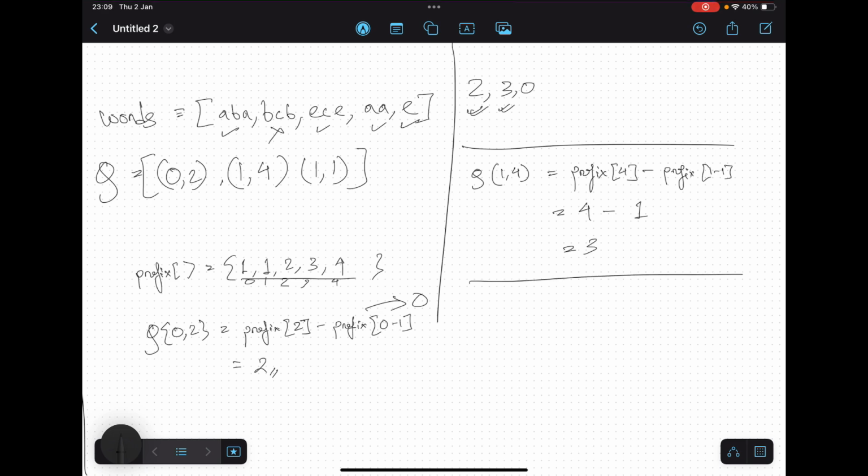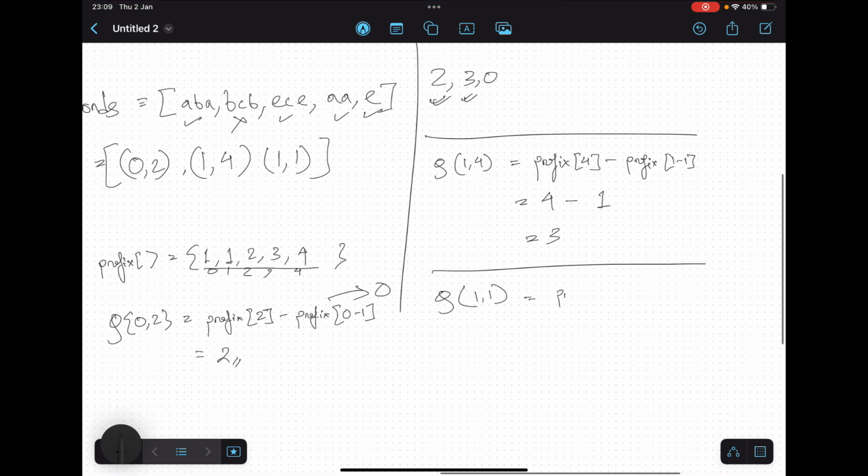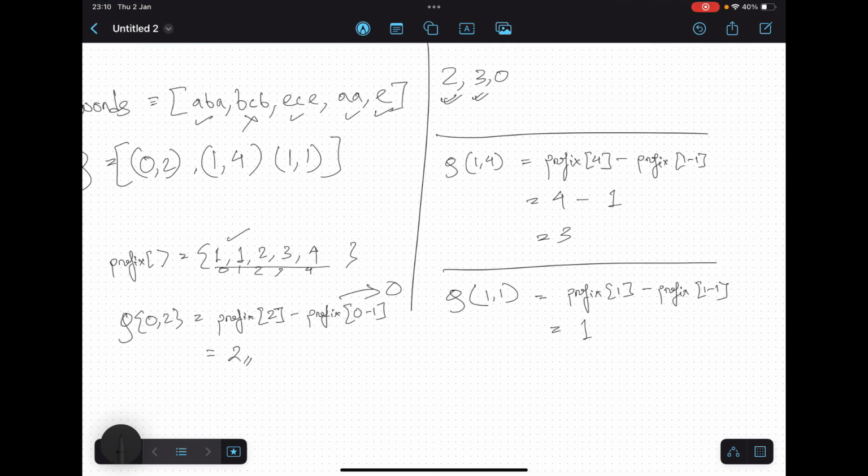And let's check for the final query, which is 1, 1. This would be solved by prefix 1 minus prefix 1 minus 1. So prefix 1 is 1 and prefix 0 is also 1. So this would give us 0, which is also our answer.